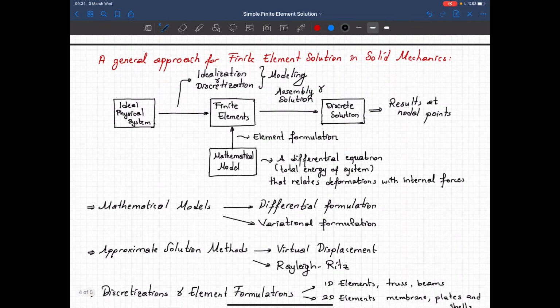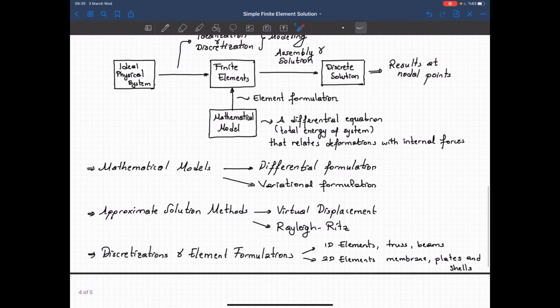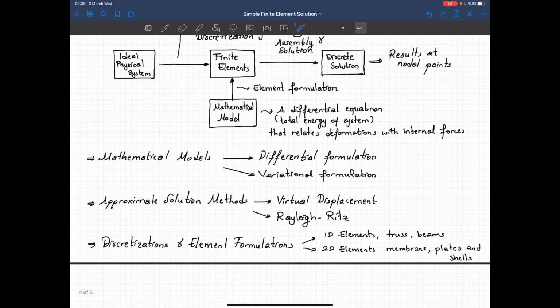So once we do the element formulation, the rest is, no, we will very briefly discuss about the modeling also, but the rest is very similar to the direct stiffness method. There is no difference in that. You do your element formulation. If you do a displacement-based element formulation, you obtain your stiffness matrix, you do the assembly and solve and get the nodal displacements. So this is a very brief summary of the first part of this course, Advanced Finite Element part.